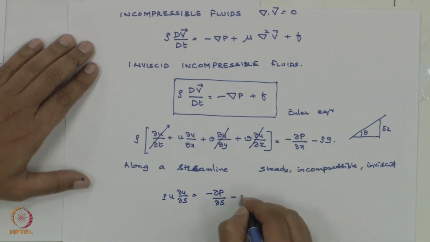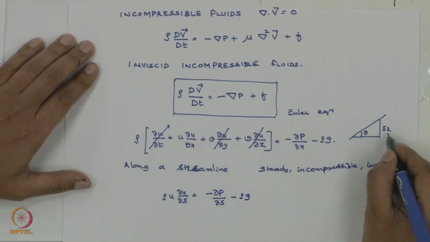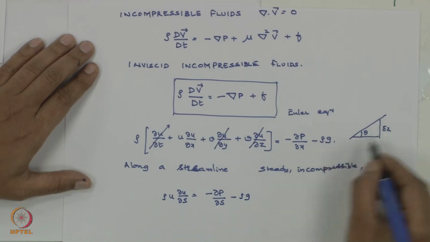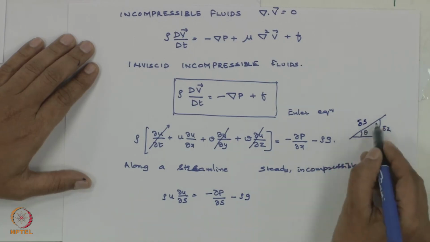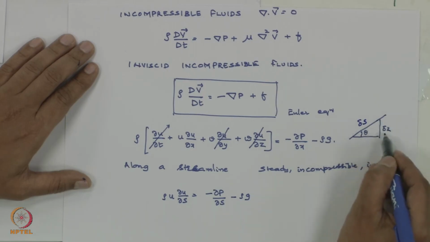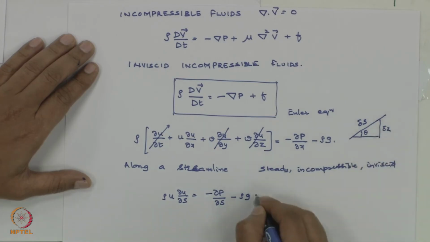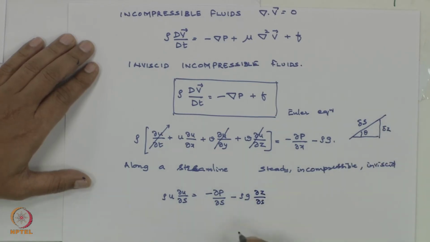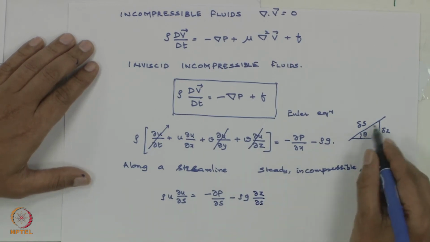Now the minus rho g term actually becomes rho g, where I have to take this as delta S. It is acting on this component in the y direction, so I will get delta Z by delta S. That is sine theta, so I will have to take g sine theta.